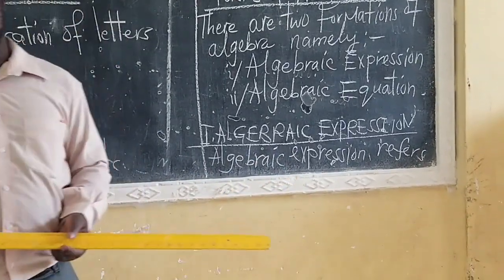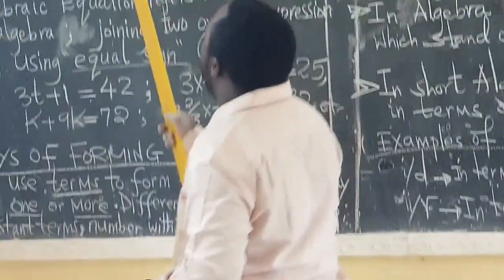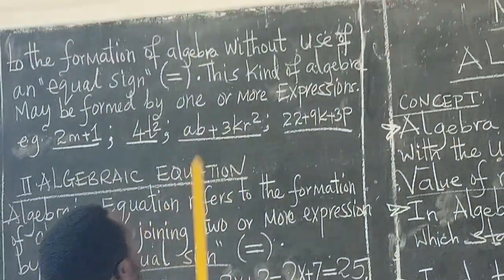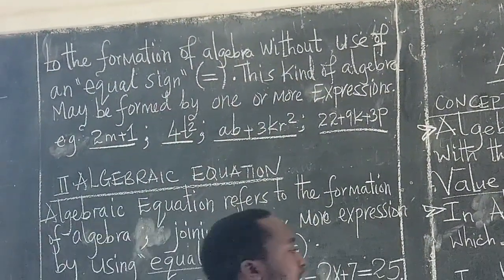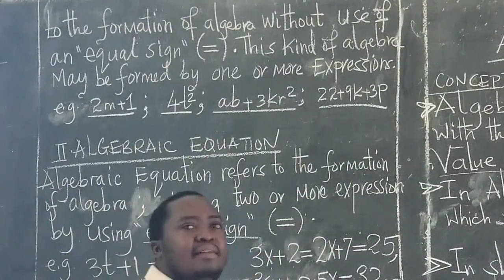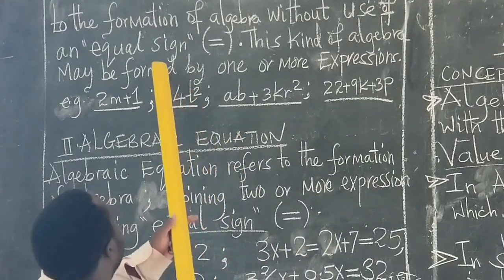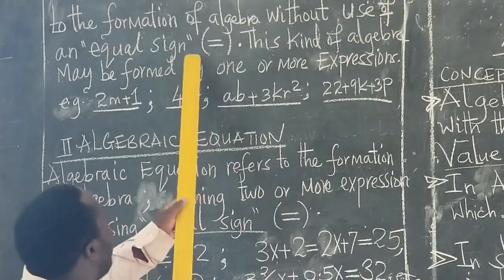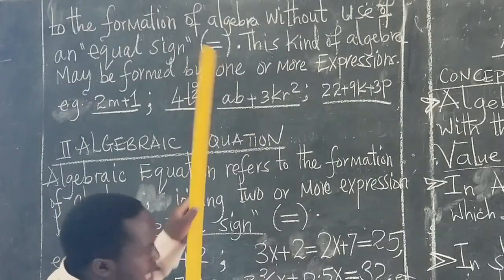Algebraic expression means the formation of algebra without the use of an equal sign. When we say algebraic expression, it means we use an expression whereby there is no application of an equal sign.